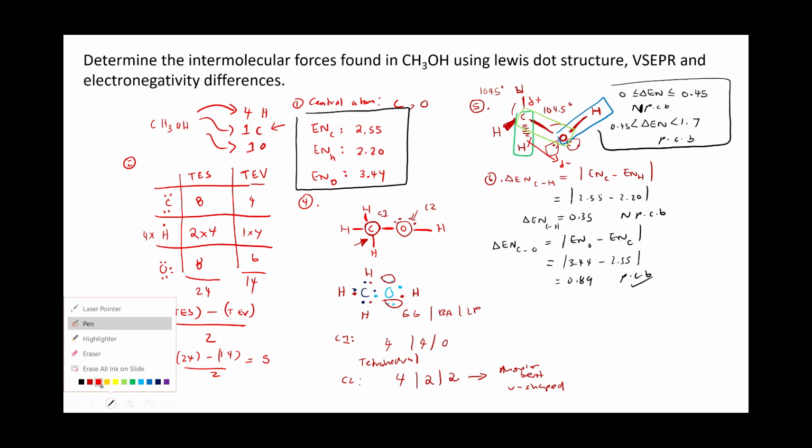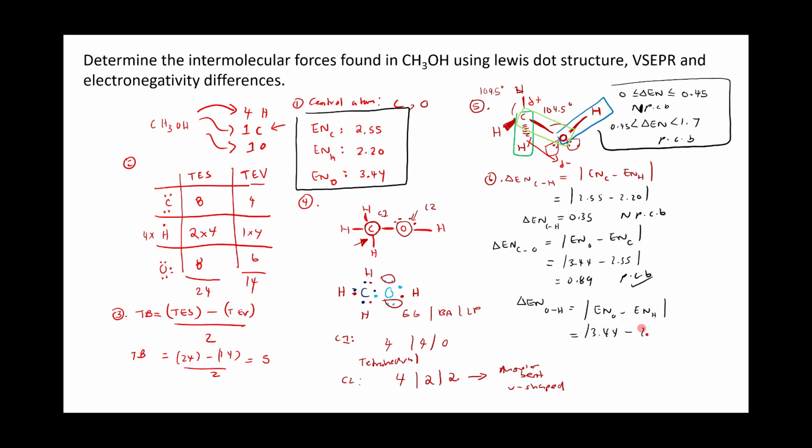And lastly, let's take a look at the electronegativity difference of oxygen and hydrogen, which is the electronegativity of oxygen minus the electronegativity of hydrogen, which is 3.44 minus 2.20. If we calculate this, we get 1.24.